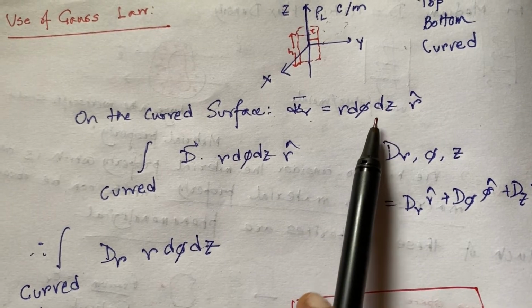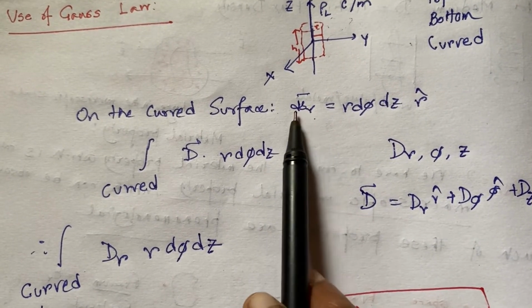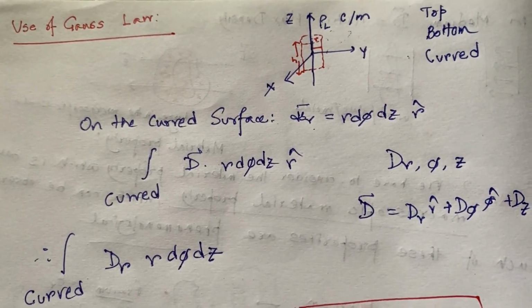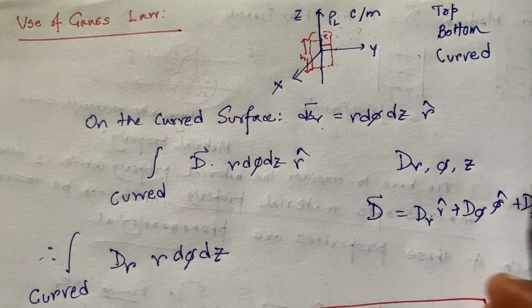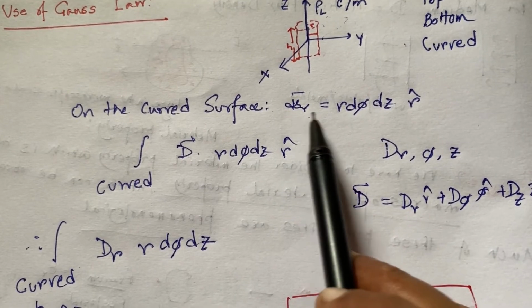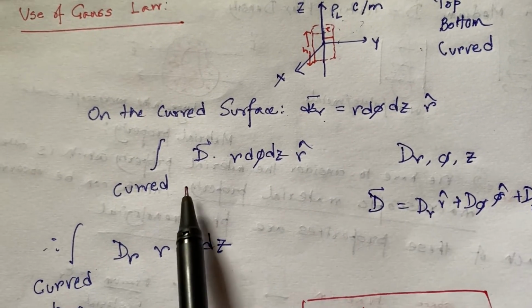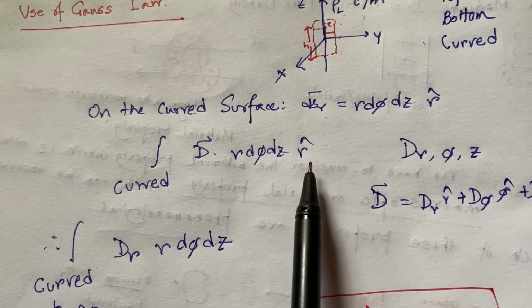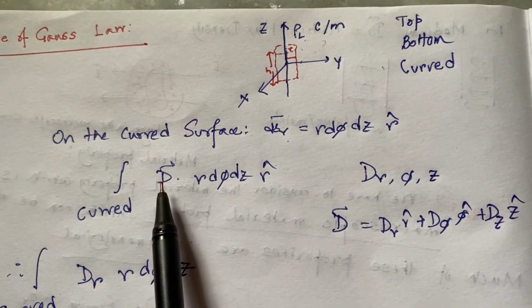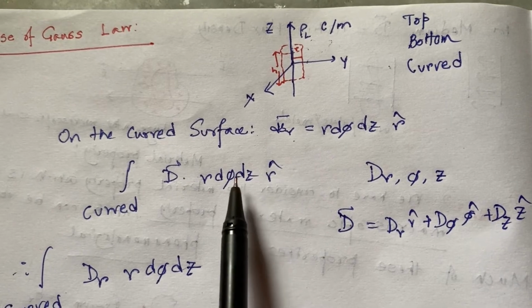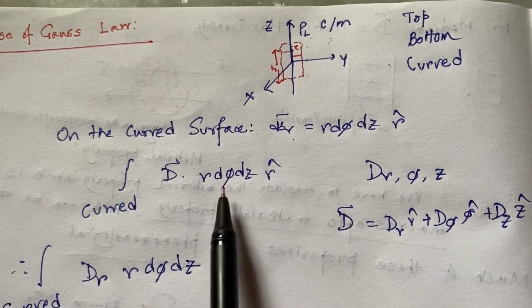We cannot have dS phi or dS z, as I have discussed about the symmetry. The symmetry is already discussed in video number 9. We can go there and have a look. So this is my surface, and the left hand side of the Gaussian law looks like this. This is D and this is dS surface, I mean dS r over here.